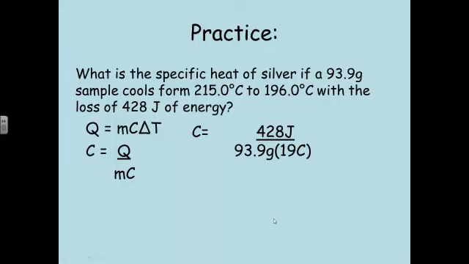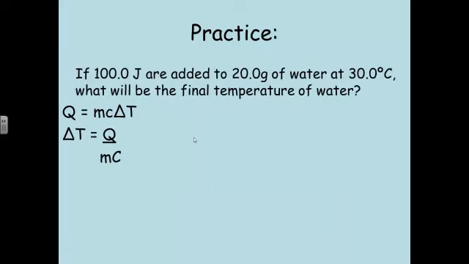So C equals 428 divided by 93.9 times 19 degrees Celsius. So my C is 0.239 or 0.24 joules per gram degree Celsius, which makes sense because none of my units canceled, and joules per gram degree Celsius are the units for specific heat capacity.